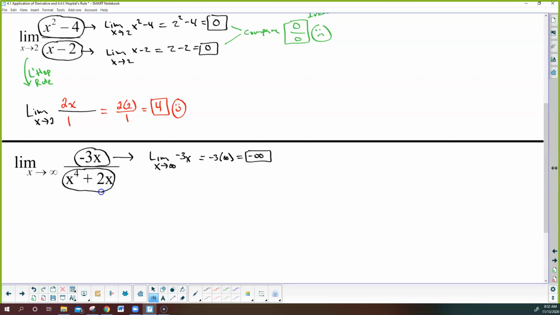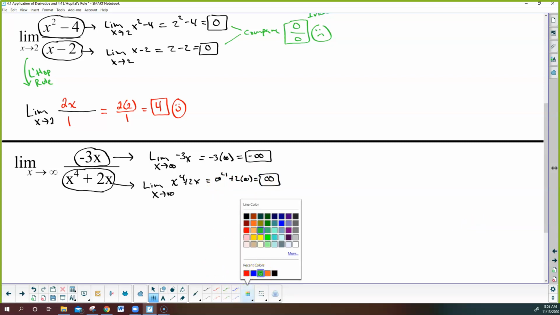What if the top and the bottom don't equal 0 over 0 or negative infinity over infinity? We'll talk about that. That's going to come up in a second. So then I have to do the bottom. And again, you don't have to show the intermediate step here. You could just say this is going to be infinity. But I get infinity plus infinity, which is positive infinity.